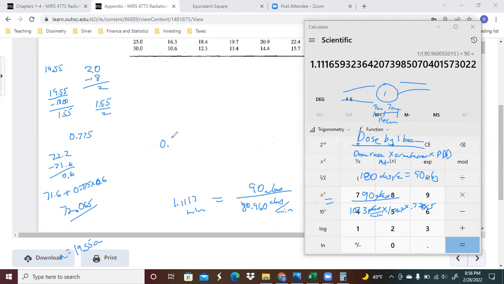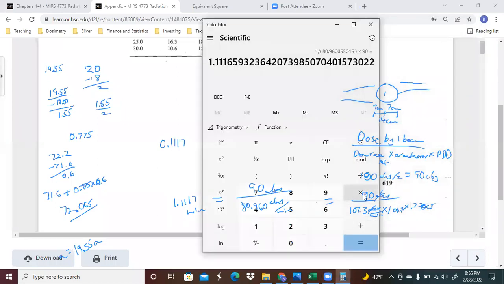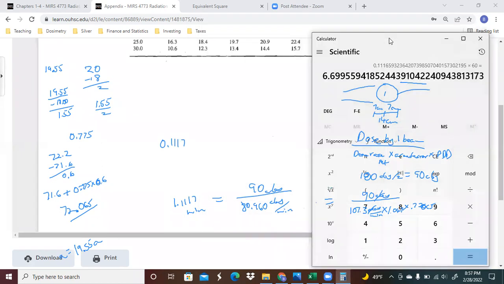It leaves me 0.1117, which, in the calculator, I would subtract 1 in this case, and that gives me the decimal right here, and then multiply that by 60. And when I do that, it gives me 6.699 seconds.